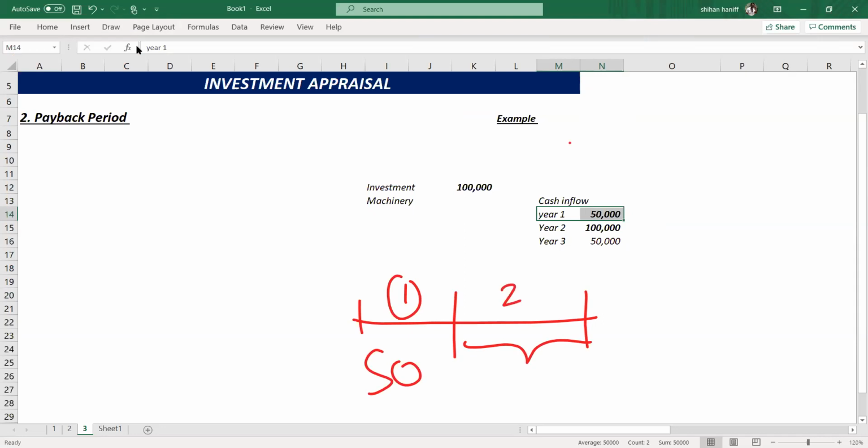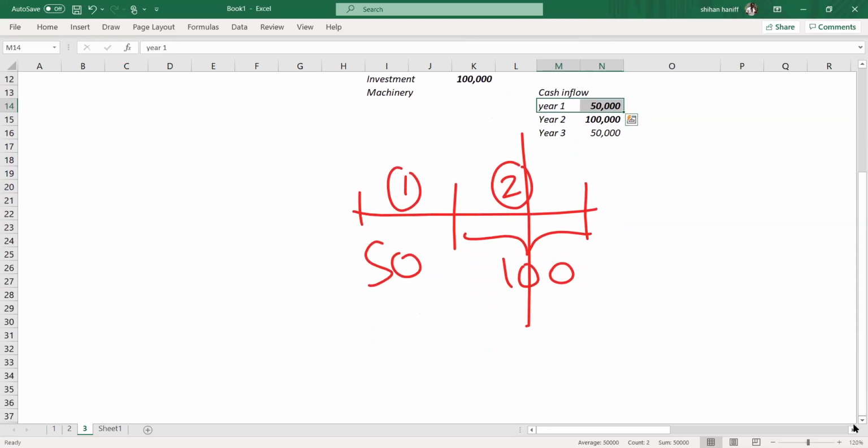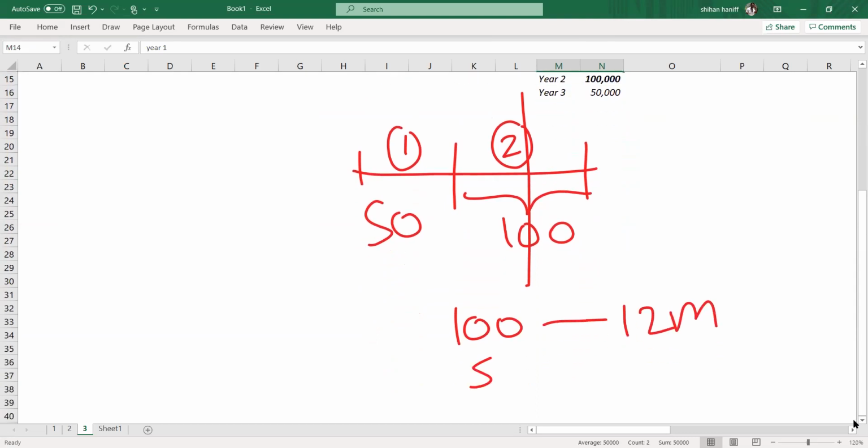But in year 2, you are getting 100 for 12 months. So if you want to get 50, how many months?